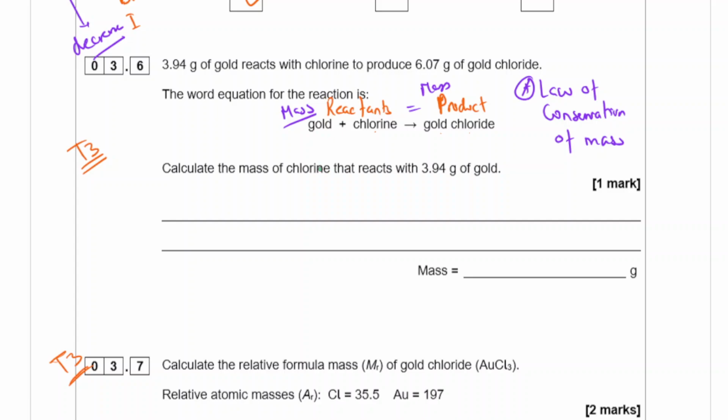So if you are reacting 3.94 grams of gold with chlorine, let's put it as X, and you wind up with 6.07 grams of gold chloride, then the additional mass came from chlorine. So all you have to do is 6.07 minus 3.94, which will give you 2.13 grams.